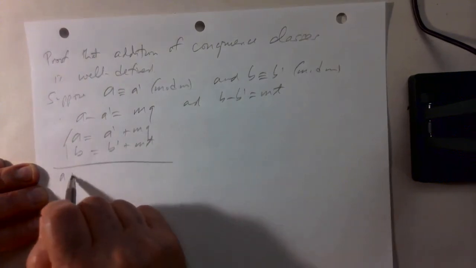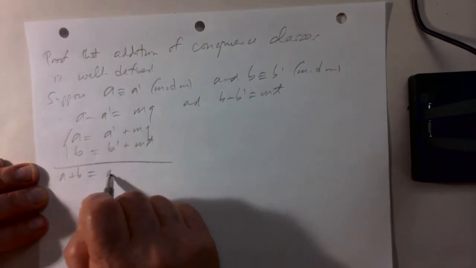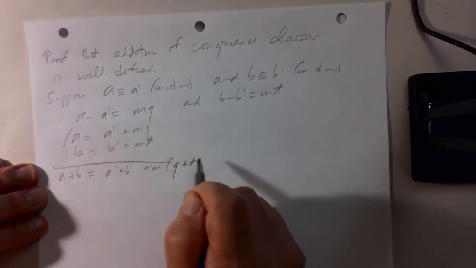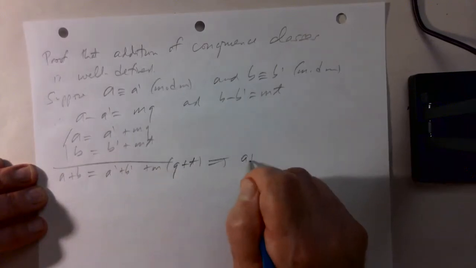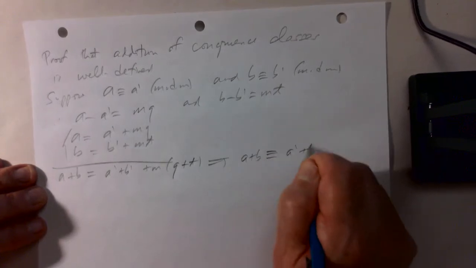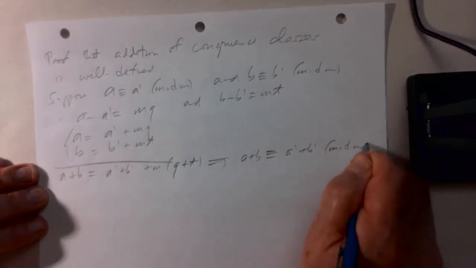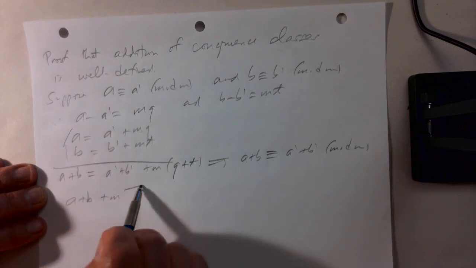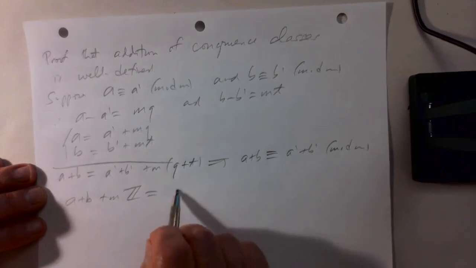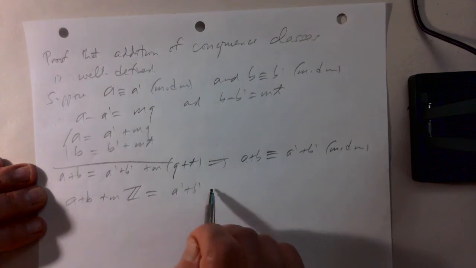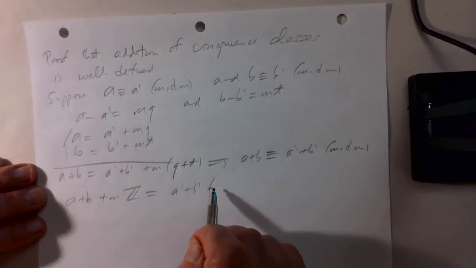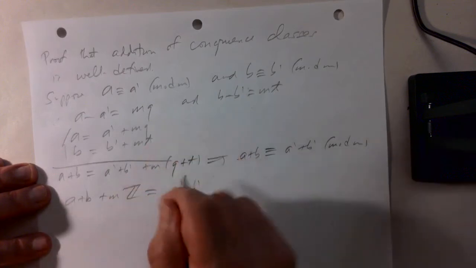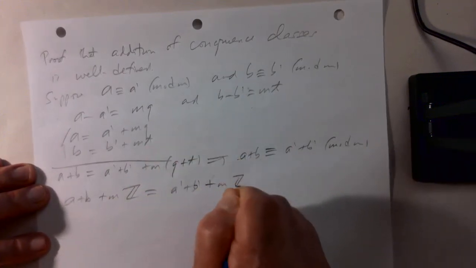If I add, a plus b equals a prime plus b prime plus m times q plus t. So a plus b is congruent to a prime plus b prime mod m. So the congruence class of a plus b plus mz equals the congruence class of a prime plus b prime plus mz.